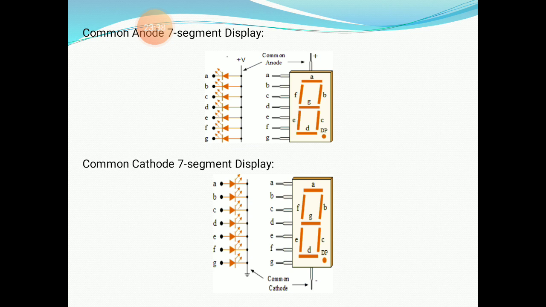So in the common anode 7 segment display, when logic 0 is applied, the corresponding LED will be on, which uses active low logic. In the common cathode 7 segment display, when logic 1 is applied to a segment, the LED will be on, which uses active high logic.